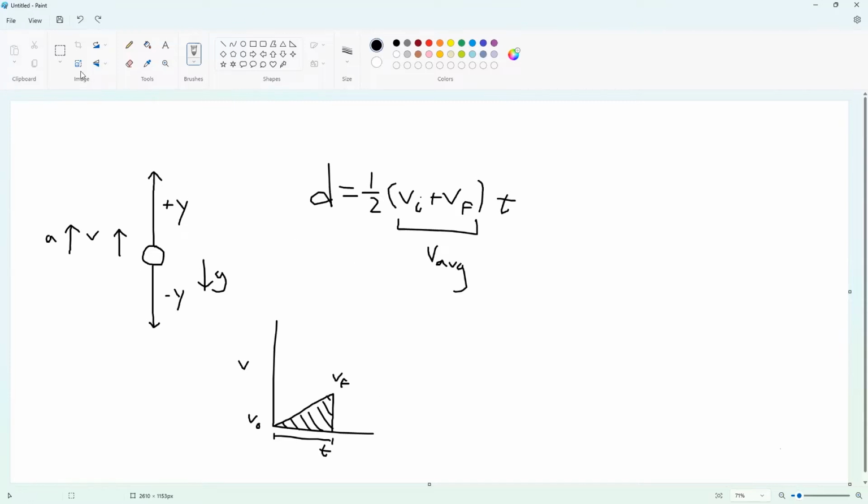But just take my word for it. This area underneath here is going to be equal to the distance we cover between these velocities and over this time. And you can see why we multiply by 1/2. If you multiply this right here, this difference right here is going to be, actually, let me take that back. My brain is slowing down.